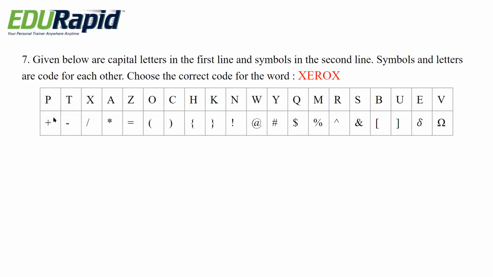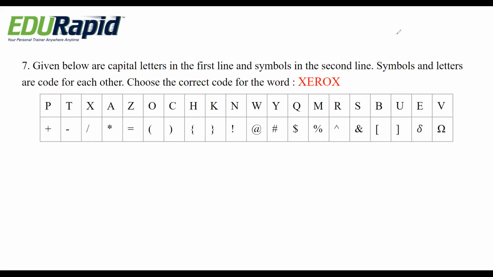For P it is plus, for T it is minus, and for X it is divide. For A it is into, for Z it is equals, for O it is an open bracket, for C it is a closed bracket, and for H it is an open flower bracket. Like that, it is given for each letter. For each letter, the symbol is the code.